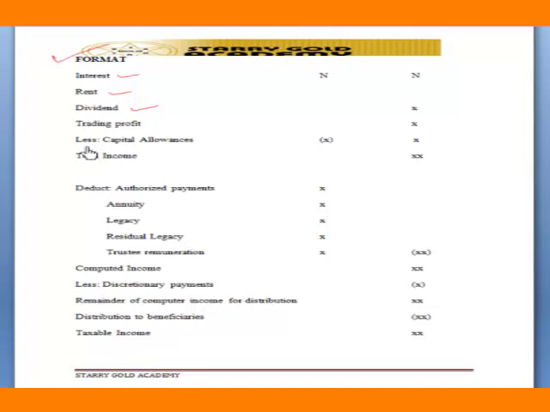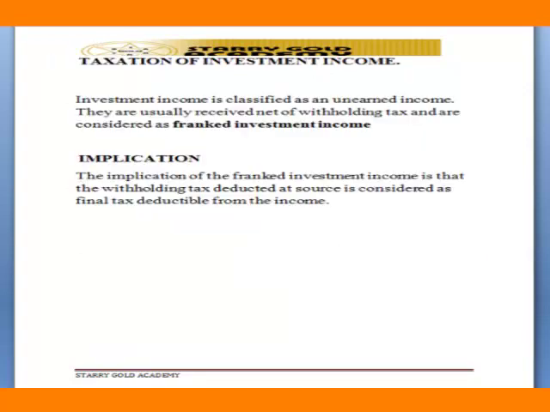So you look at this place, you say deduct authorized payments. Here, those persons: annuity, legacy, residual legatee, and trustees' remuneration. And then you have the computed income. From the computed income, you deduct discretionary payments.